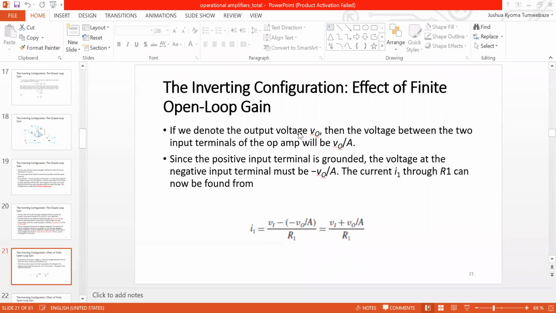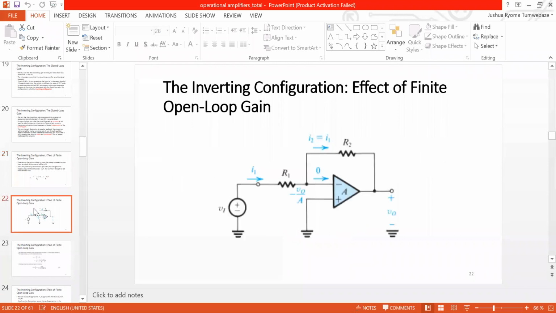It is very simple. Going to this diagram, we want to derive the output given that the open loop gain is finite.